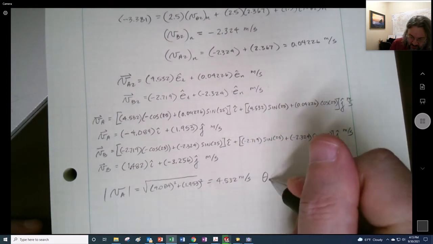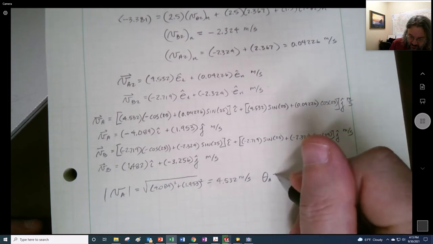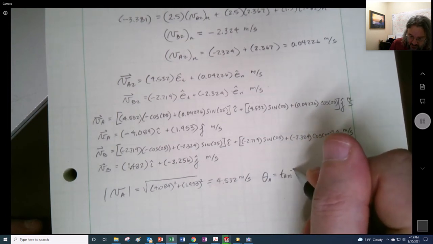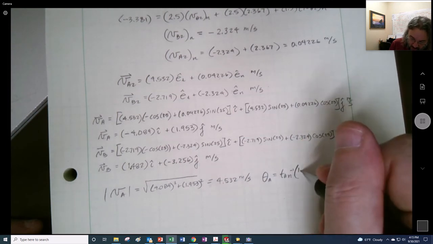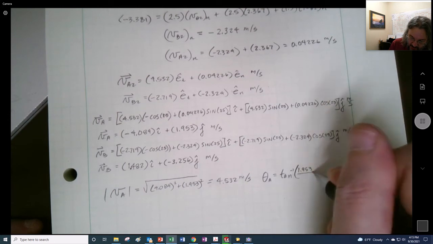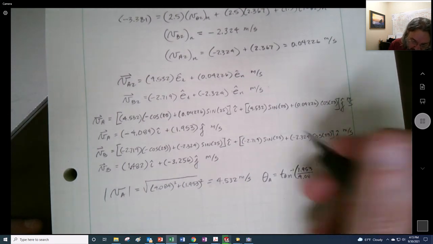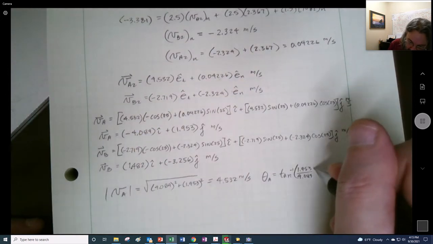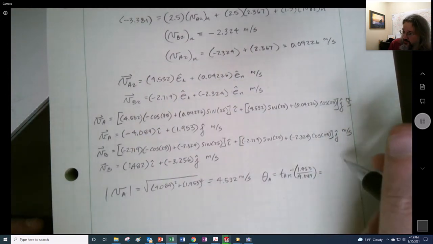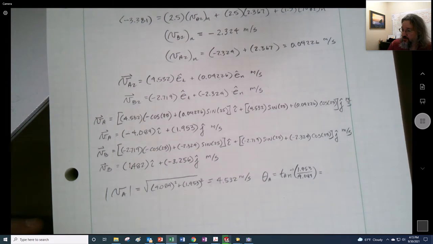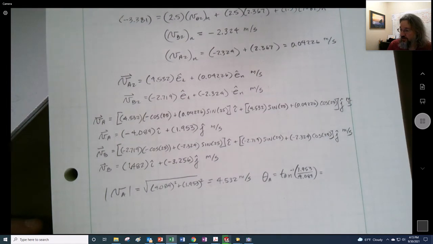And we're going to have a theta A of inverse tan of rise over run, 1.953 over 4.089. That's a 9. And what do I get as a theta here? I do believe I should get something like 64.47.